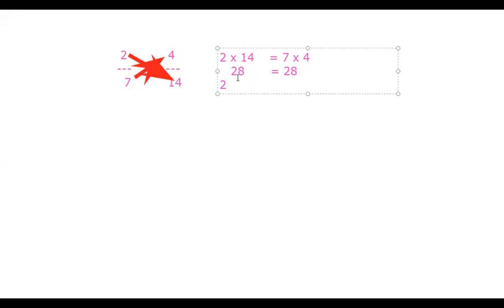So we have to give the result as equal. 2 by 7 is equal to 4 by 14. Okay, everybody? If the denominators are different, then only we have to do like this.